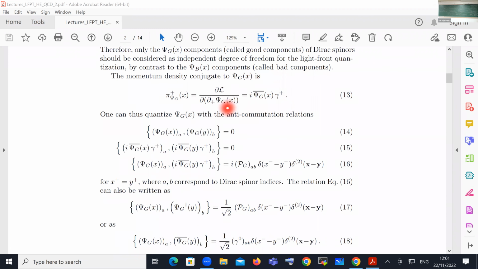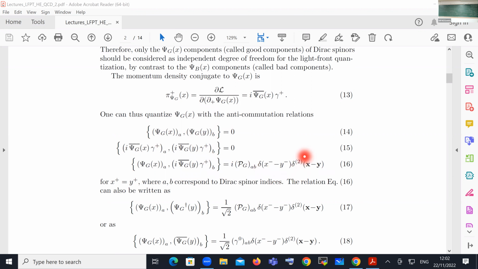And then, because it has the bar here, it can be considered independent compared to psi g, and then we can really apply very standard anti-commutation rules. Now we have the field which has zero anti-commutation with itself, this psi plus which has zero anti-commutation relation with itself, and then the field and its psi plus here have a non-trivial commutation relation, which is basically I times delta function.